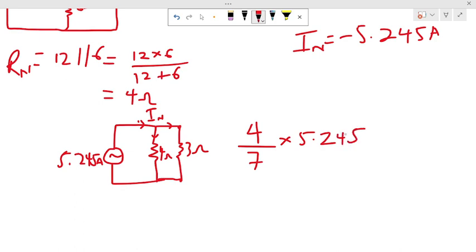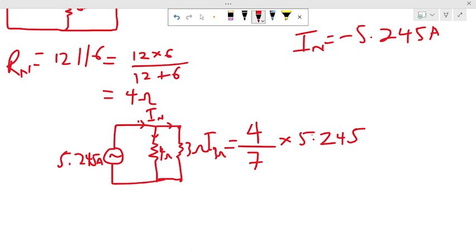5.245. If you wanted to find the current through the 4 ohm, it will be the 3 divided by the summation of 4 plus 3 multiplied by the total current. But in this case, you want to find the current through the 3 ohm. So it will be 4 divided by 7 multiplied by the total current, which is 5.245.